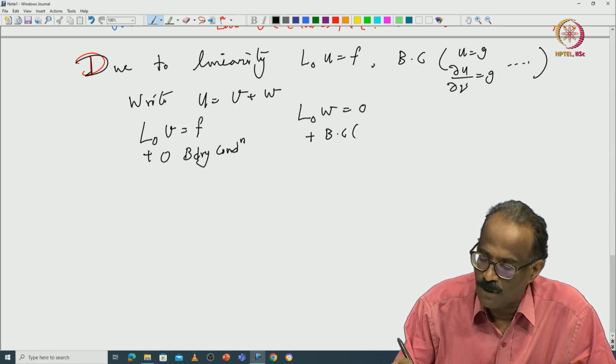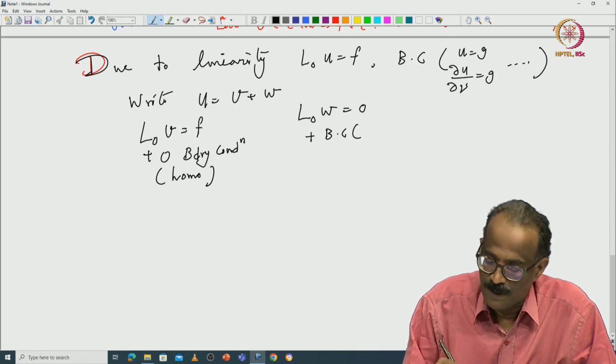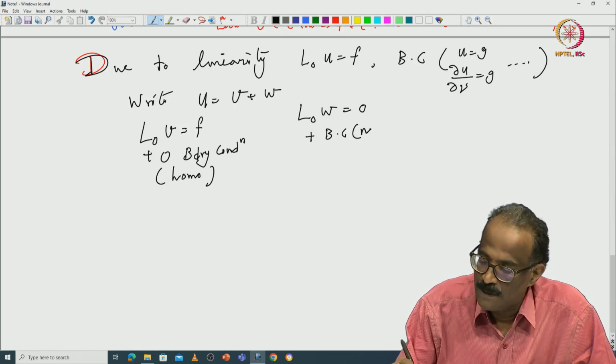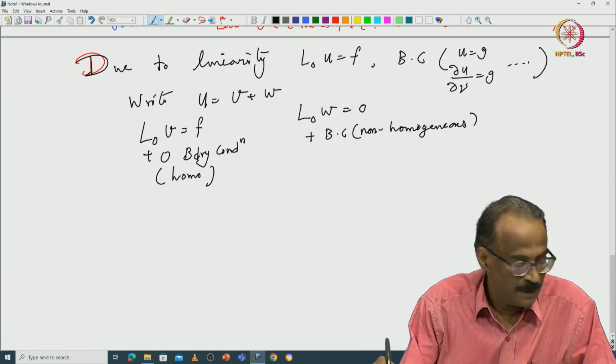That means here it is a homogeneous boundary condition, and here it is non-homogeneous. This is the linear feature, you can do that with these conditions.